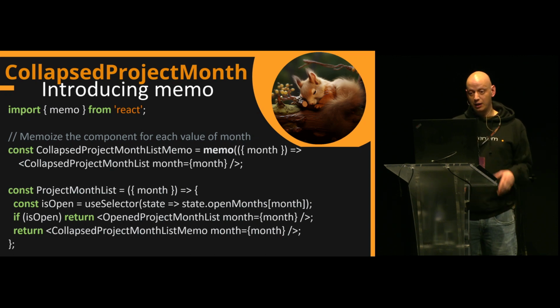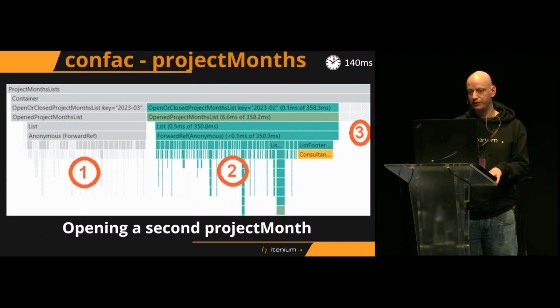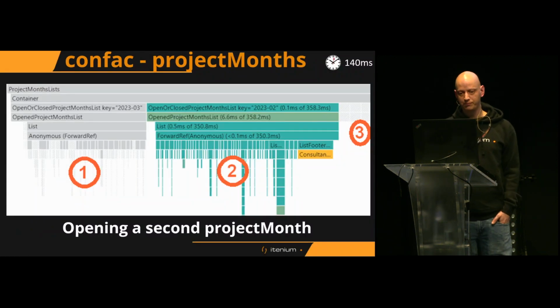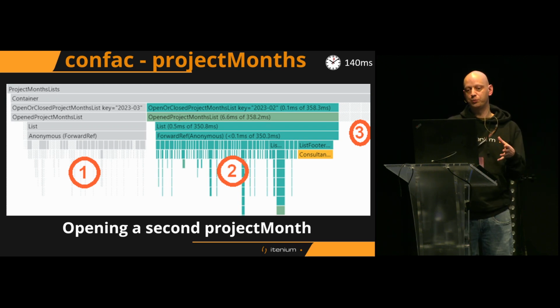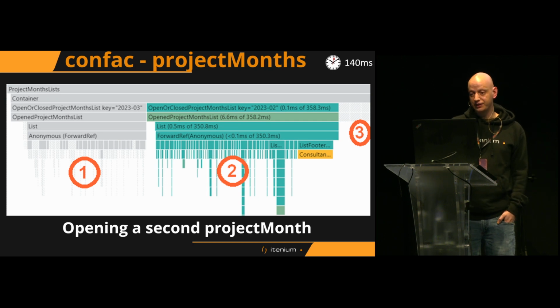All right, and basically that was it to optimize the performance. So if we have a look at how the flame graph looks like right now, we have the left part. This is the project month that was already opened. So previously it was all being re-rendered, but now it's in gray, which means I don't really have to re-render this. Then the middle part is the project month we opened, so obviously it has to be rendered.